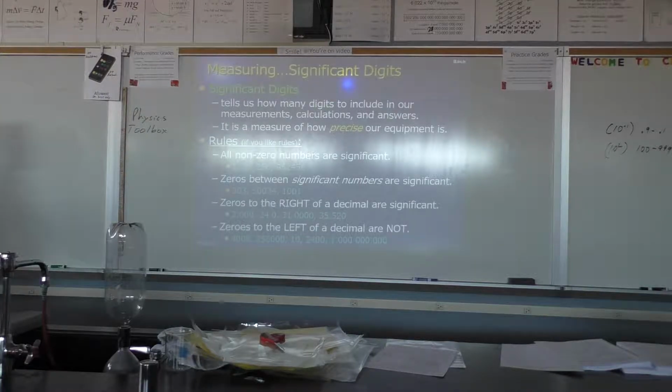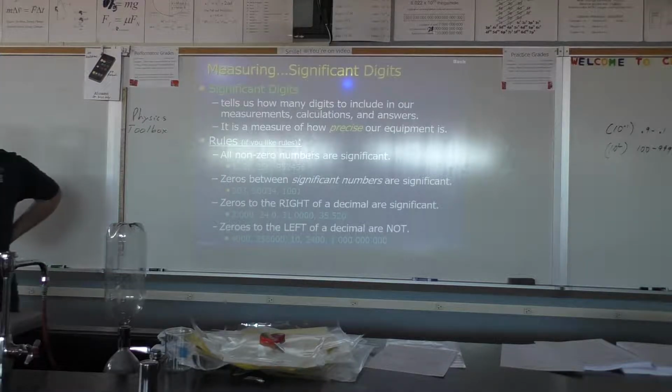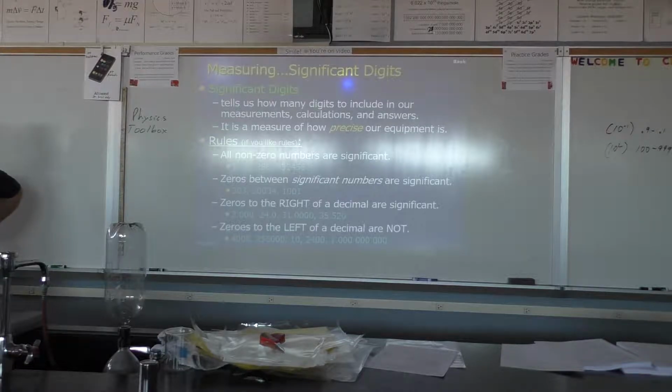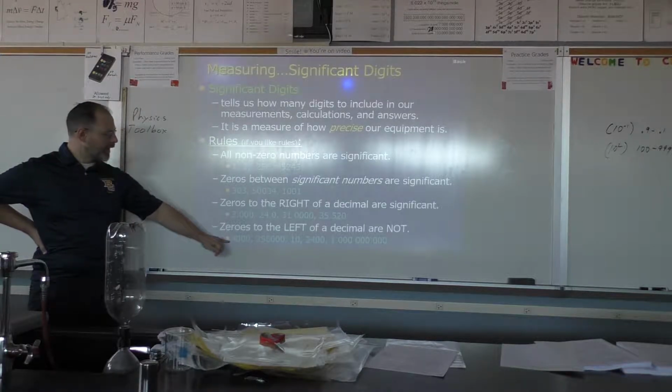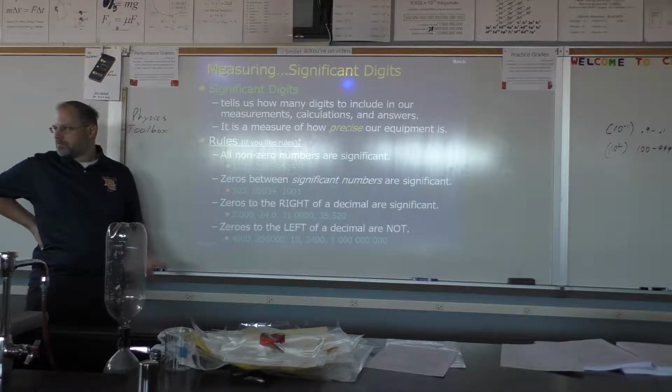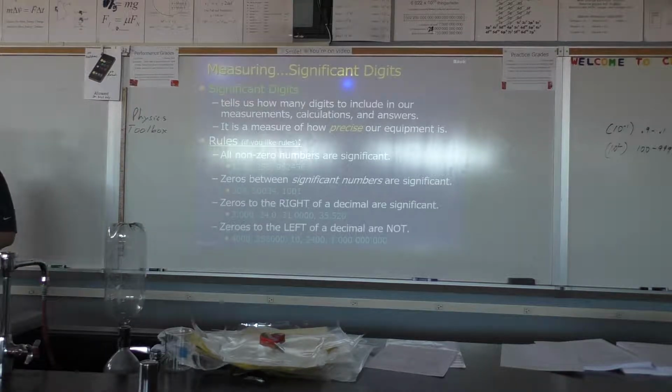Zeros that push a number really big are not significant, so zeros to the left of a decimal are not. I don't really like this rule because I don't see a decimal in there. But if you like rules, those are the rules. And I'm going to show you a trick on the next slide. A trick, not really a trick, a strategy, if you will.